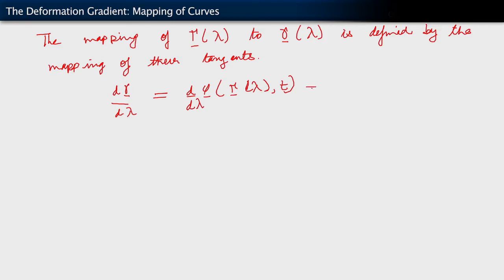So, by the chain rule, this is the derivative of phi with respect to x, multiplied by, or acting upon, d gamma d lambda. And I've left myself room here in order to squeeze in the fact that this derivative of phi with respect to capital X is not just a general derivative of phi with respect to capital X, but it is along the curve capital gamma.